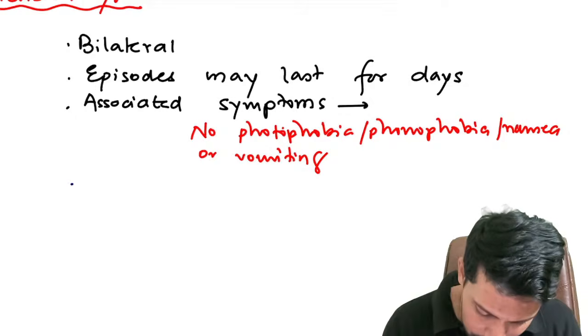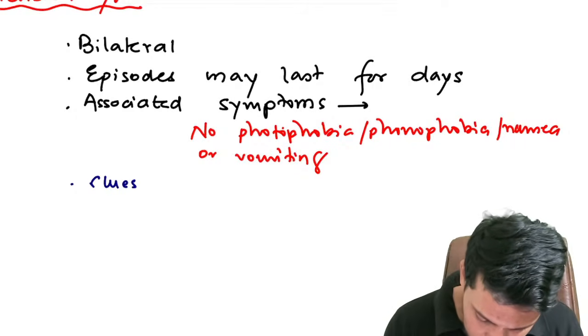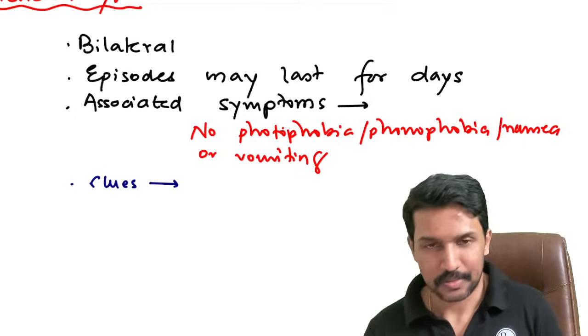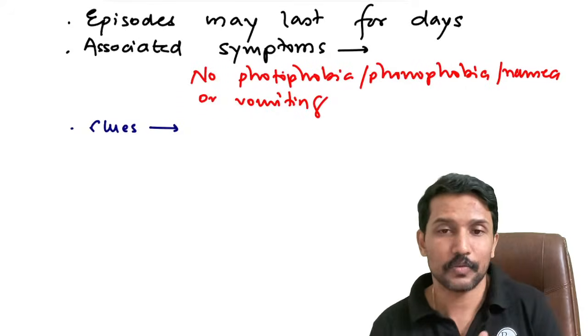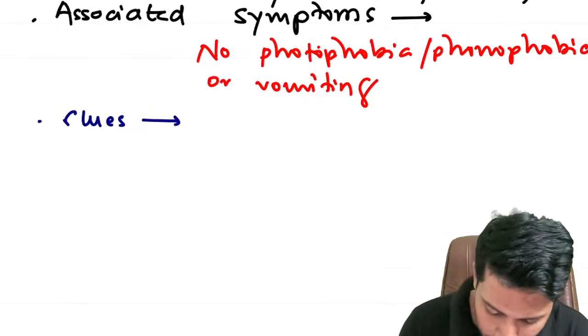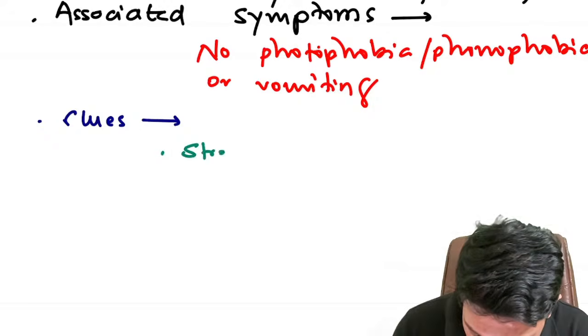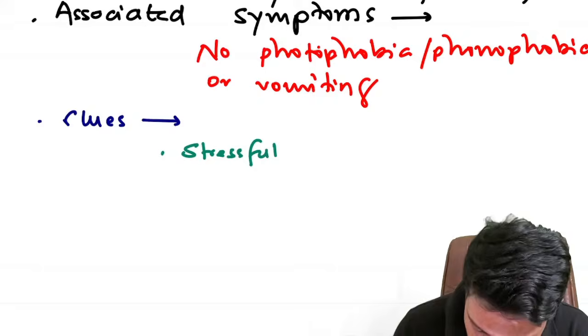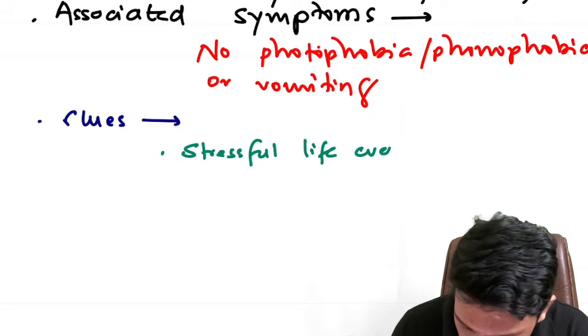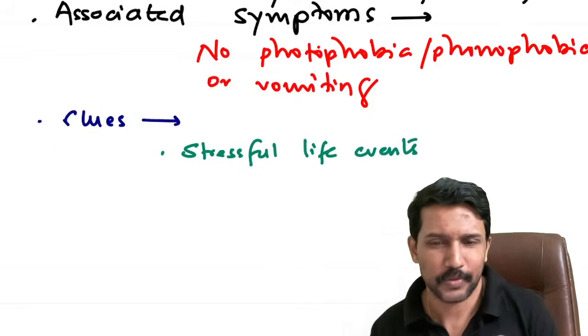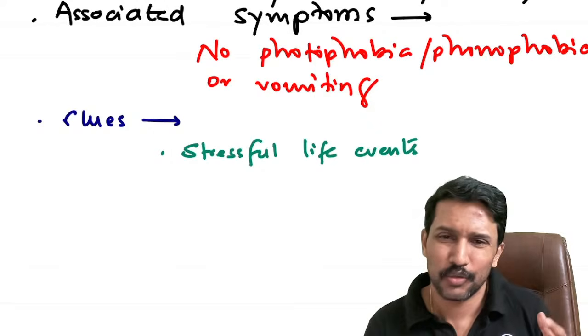But you can definitely mention certain clues in the patient's history. So what are the clues towards the presence of tension type of headache in the patient? Number one, presence of stressful life events. Very often the tension type of headache starts when patients are going through a stressful phase in their life.